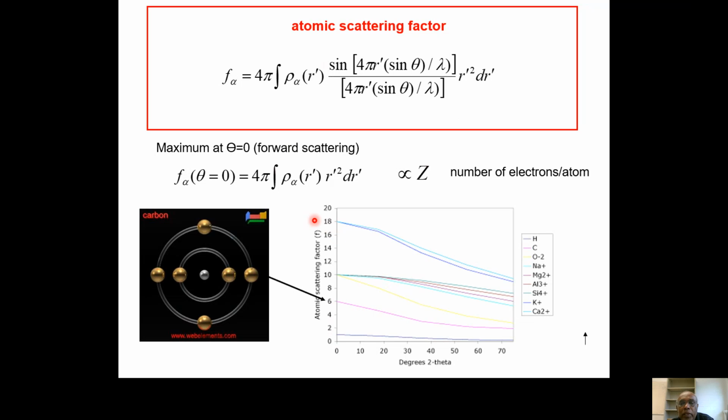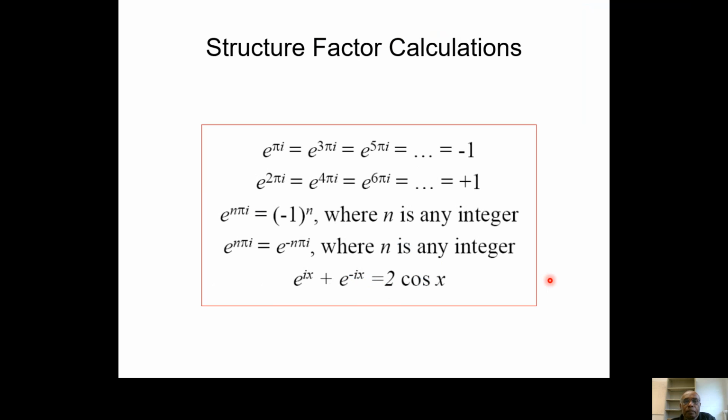Then you have other elements, so they all correspond to Z. Then for different θ values, you can see how the f_α changes with respect to θ. They all decrease for higher angles, right? You have the maximum at forward scattering, which has the highest form factor. Then it decreases with θ.